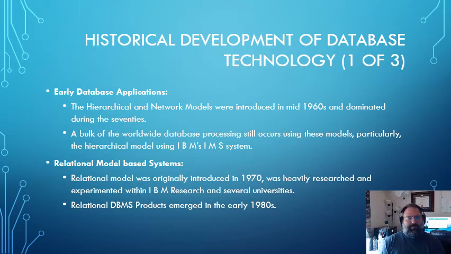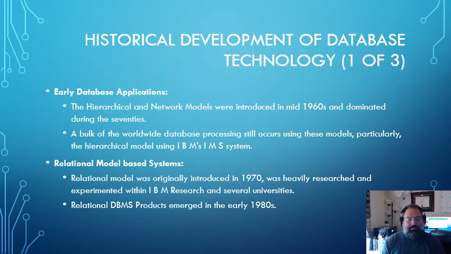Historical developments of database technology. Early database applications, the hierarchical and network models, were introduced in the mid-60s and dominated for quite a while based upon the capabilities of hardware at the time. A bulk of the worldwide database processing still occurs using these models, particularly hierarchical models using IBM's IMS system.